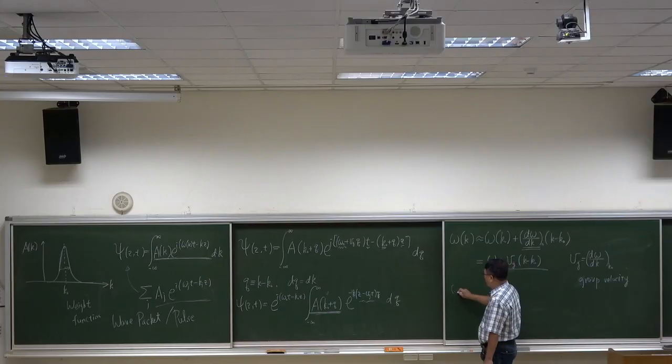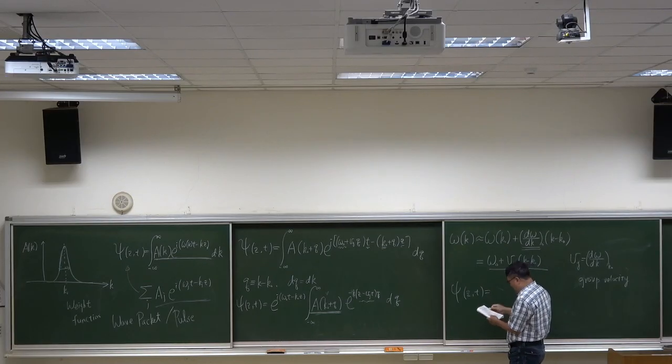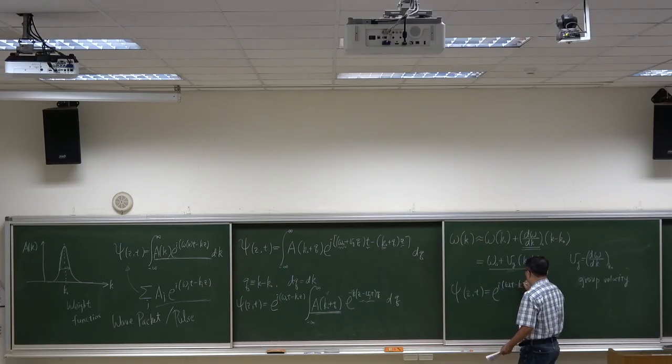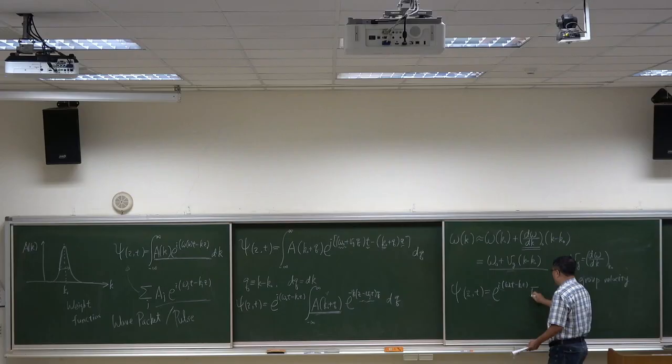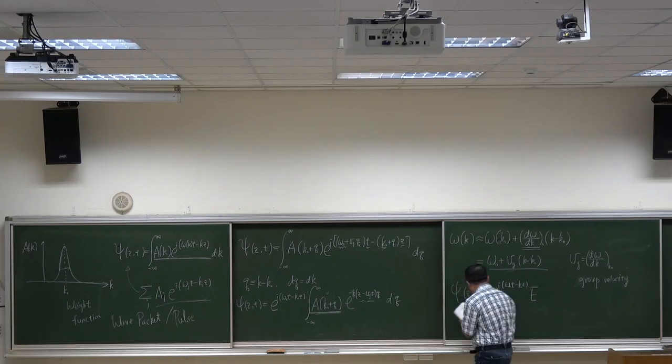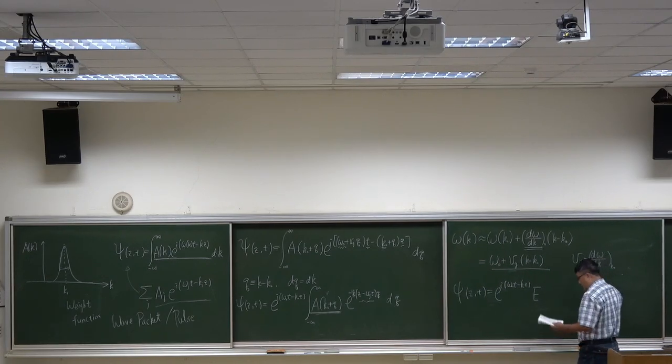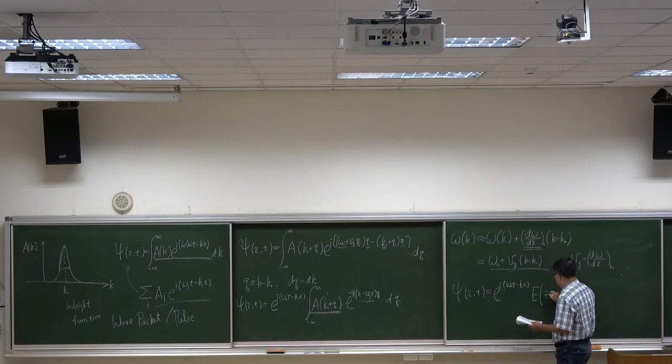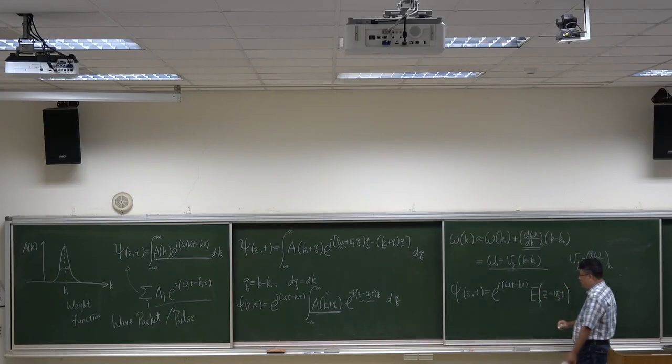So we can write the result as exponential i(omega naught t minus k naught z) times a function of z minus d_g t. Maybe it also depends on k naught.